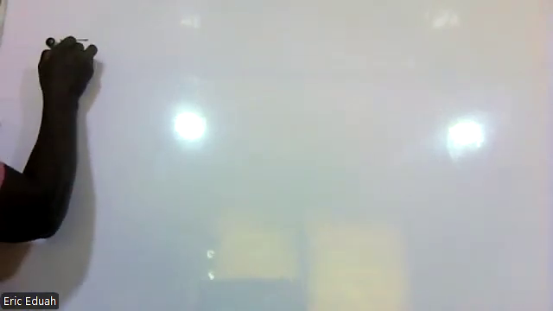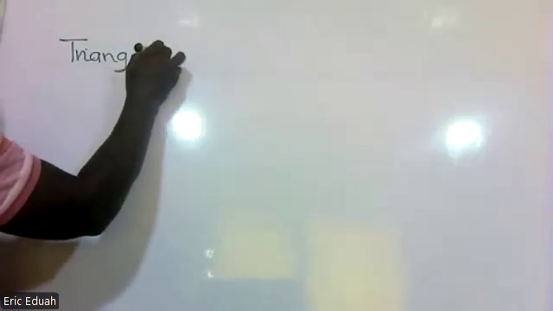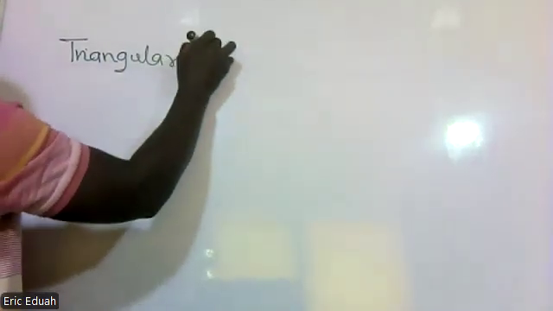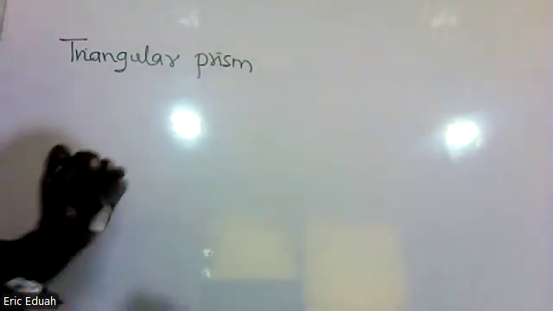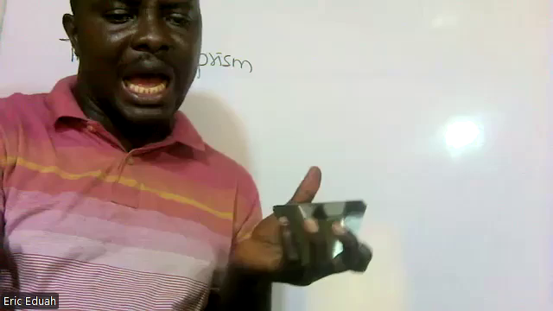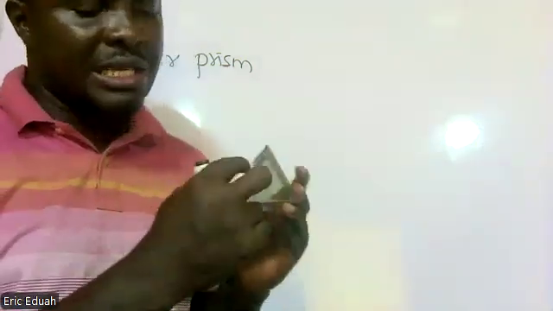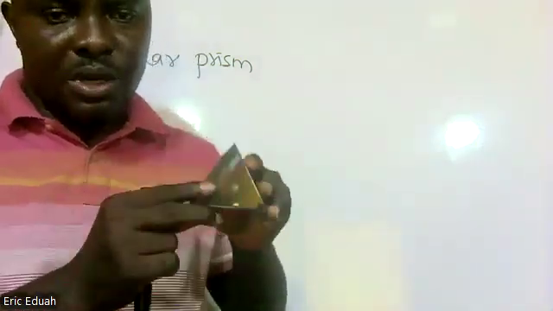So yesterday we saw that for triangular prism, light goes through double refraction. And I showed you a triangular prism. This is it. Okay. Triangular prisms have peculiar angles known as refracting angles or angle of the prism.